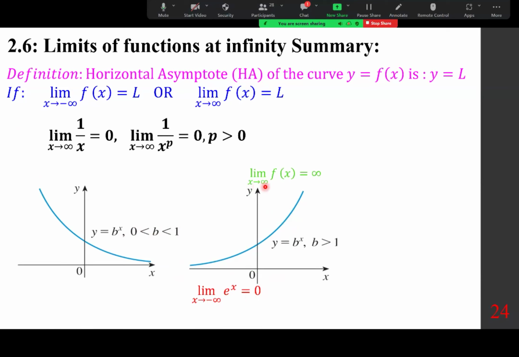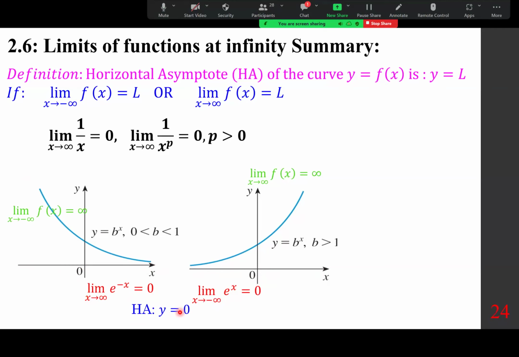The limit of f of x as x approaches infinity is infinity, the first quadrant. And the limit of e to the power of minus x as x approaches infinity is 0. And that tells you that these two functions have a horizontal asymptote, which is the x-axis. And the equation of the x-axis is y equals 0.